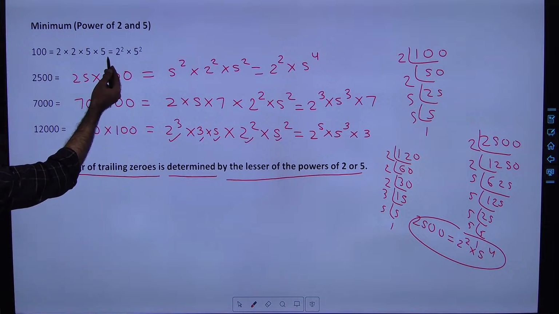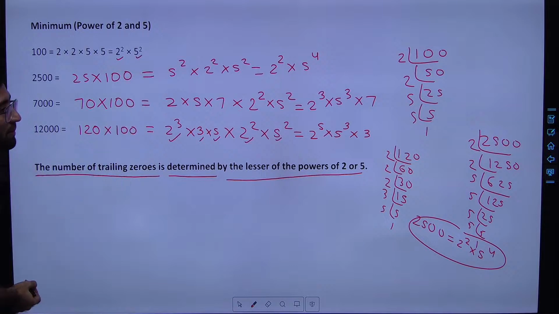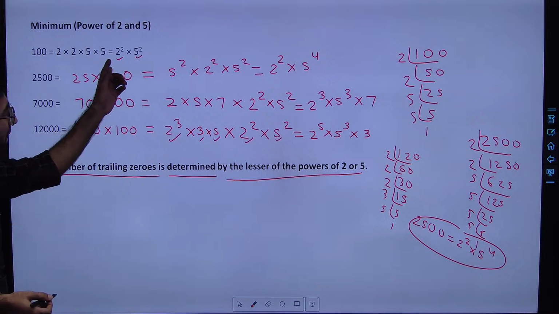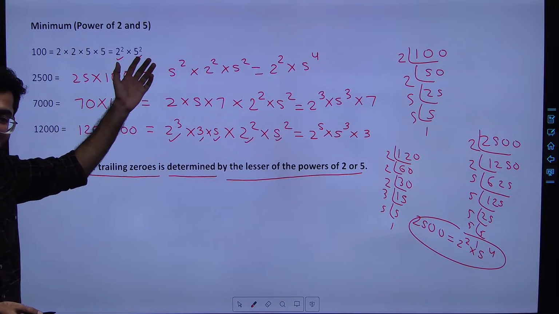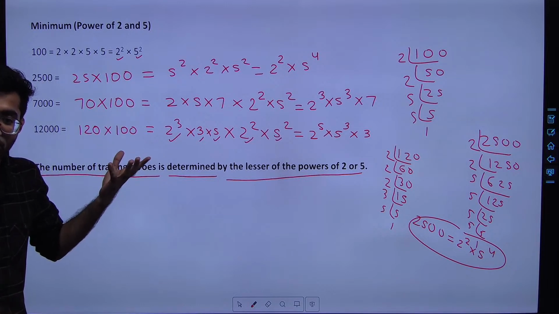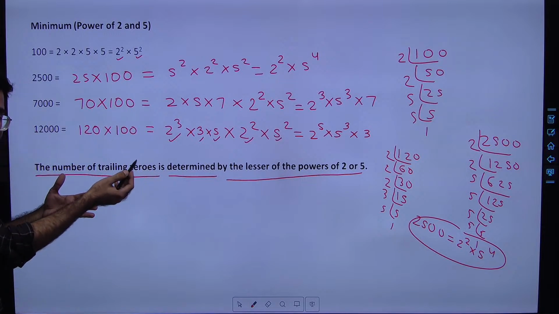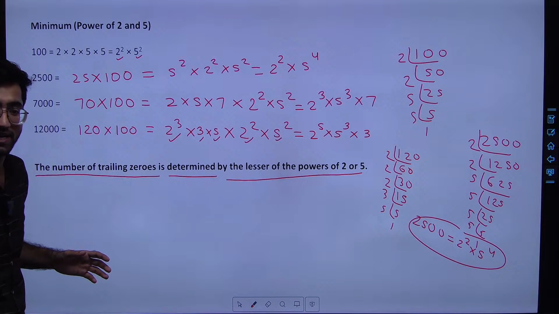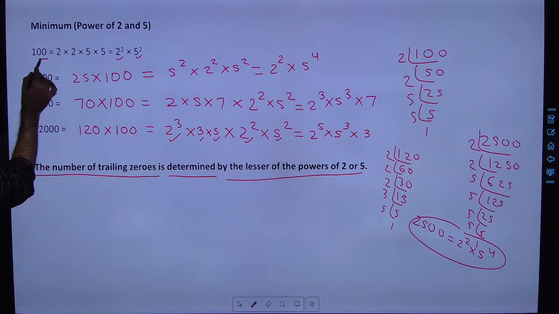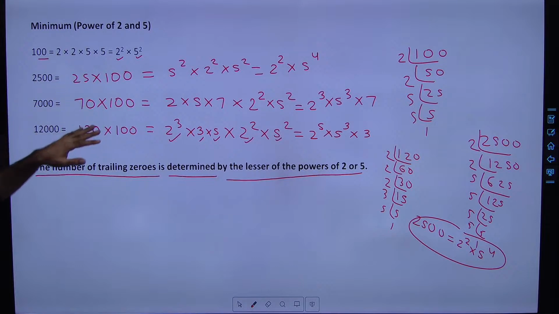Like look at the prime factorization of 100. 2 to the power 2 into 5 to the power 2. So the power of 2 is 2, the power of 5 is 2. So in this case, both powers are same. Means you can pick only one power, that is 2. And look at the number of trailing zeros, that is 2. Okay, we will take another example, then you will be able to learn more.